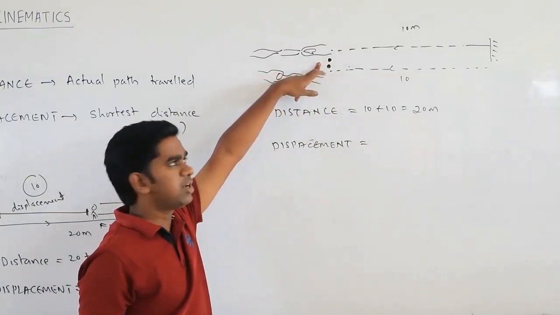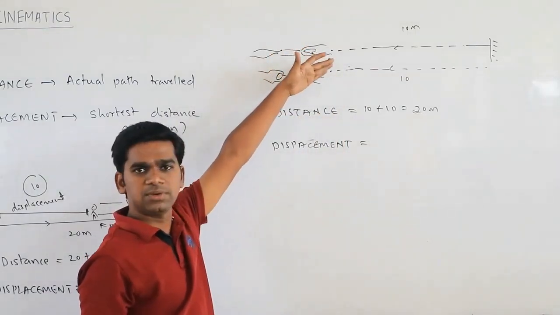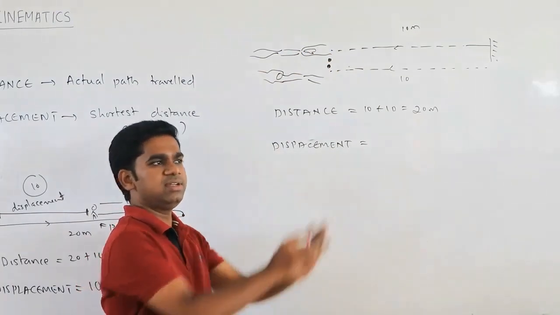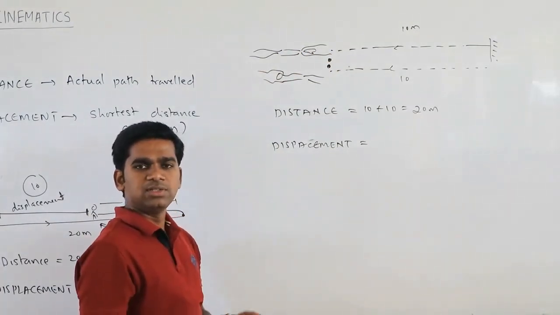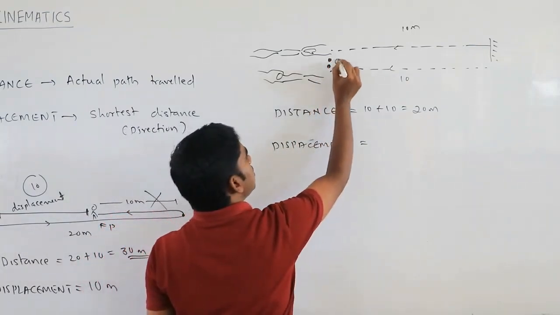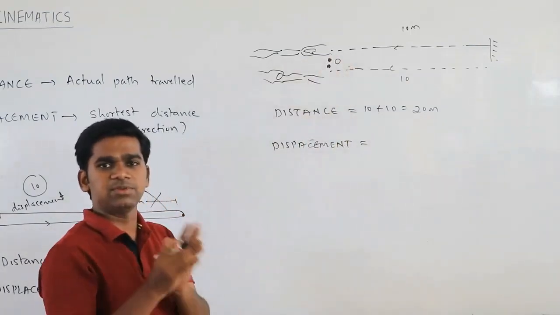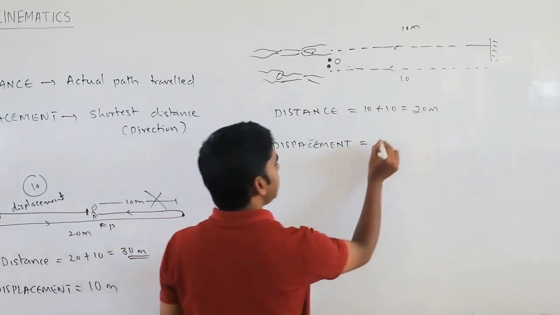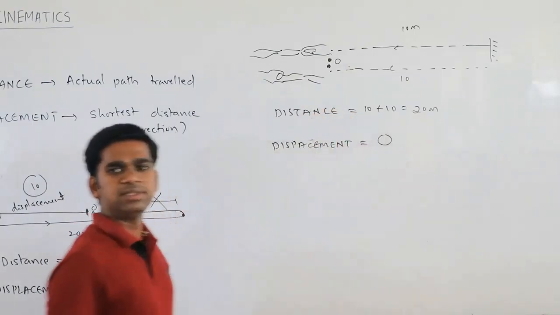What is the difference between these two? 0. He started from that point and came back to the same point. So the shortest distance between initial and final position is 0 here. There is no difference. So displacement is going to be 0.